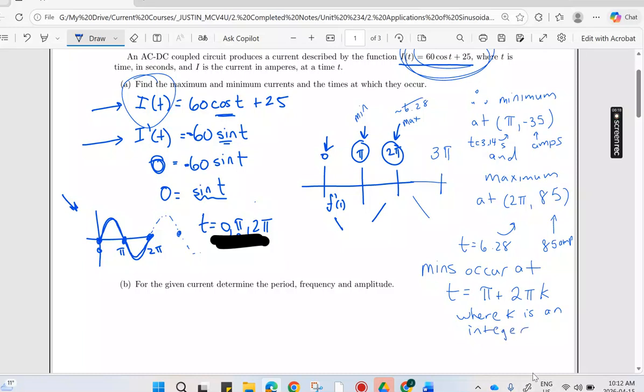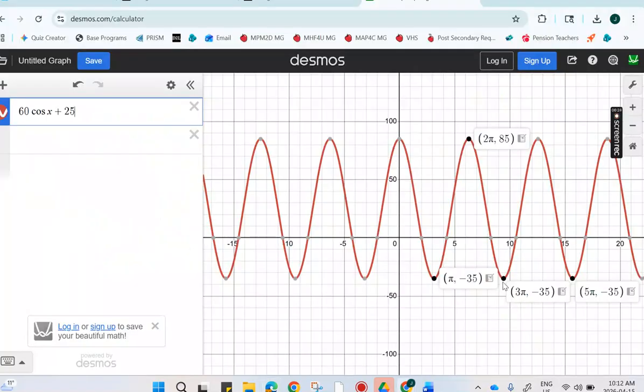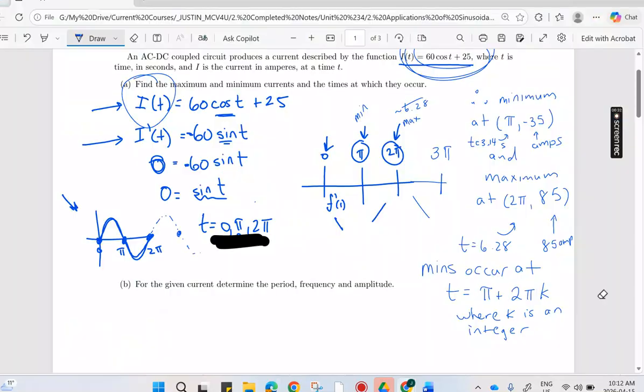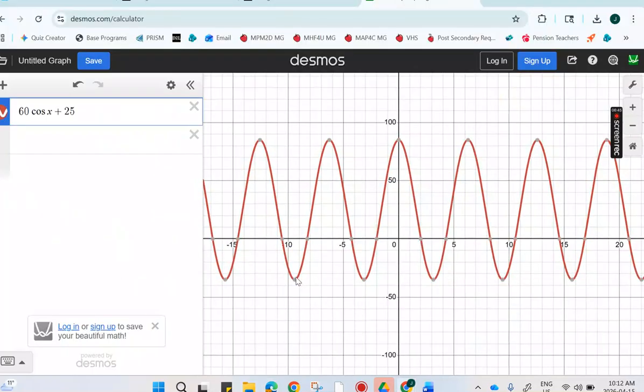Why does that make sense? If k was 1, then pi plus 2 pi is 3 pi, which means another minimum occurs at 3 pi, which is true. So this covers every single one of these minimums forever. For example, if k was negative 2, then pi subtract 4 pi is negative 3 pi. That means there's a minimum at negative 3 pi, and there sure is.